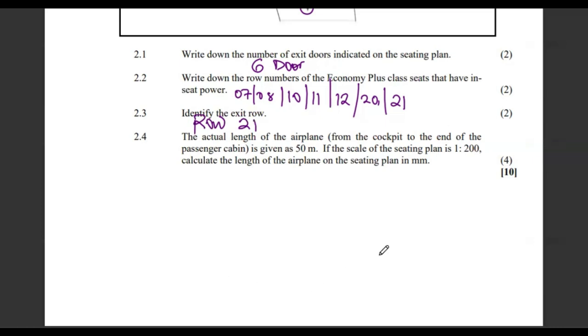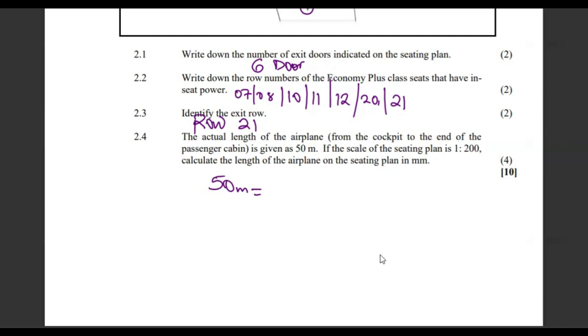All right, we say the actual length of our airplane, from the cockpit to the end of the passenger cabin, is 50 meters.